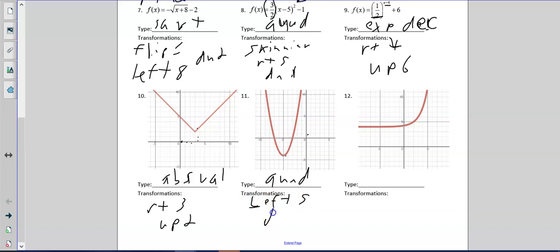Left 5, down 4. Right? And this one, this is exponential growth because it's going up to the right over time. Right? And usually this point is right here at 1, 0, 1, so it's gone up 4.